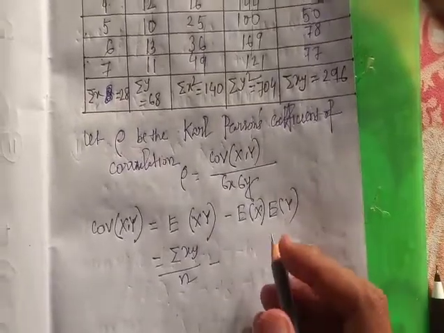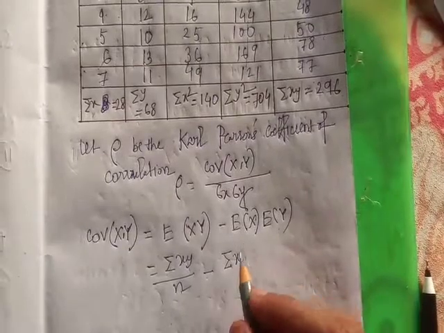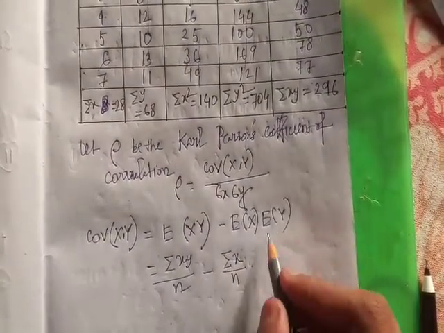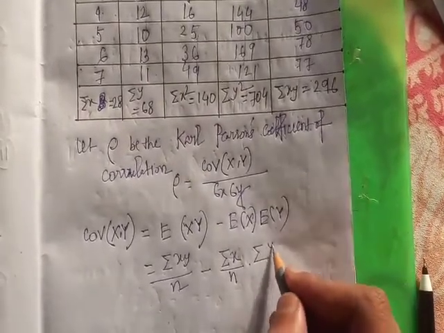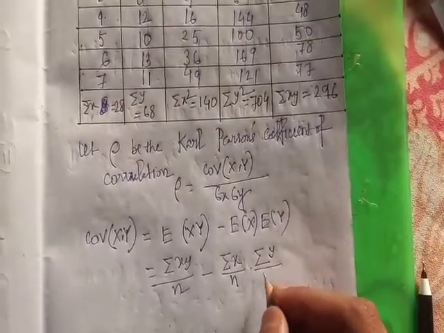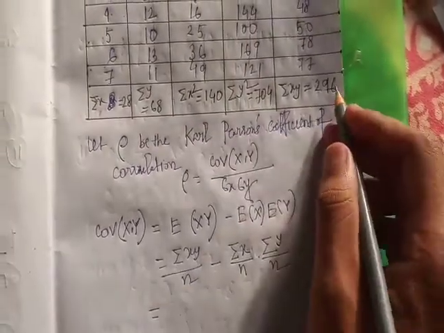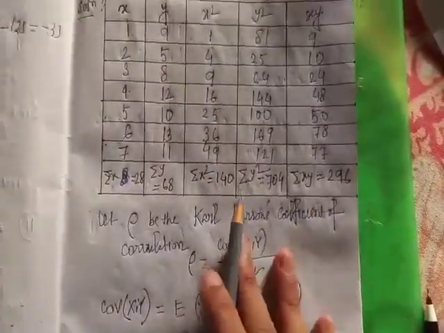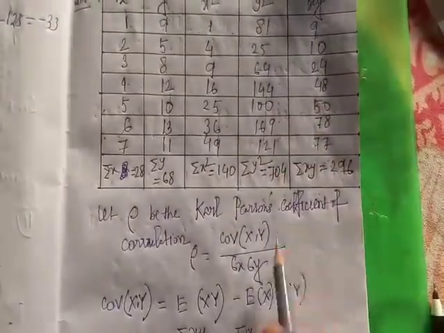Expectation of x means average, summation x by total number of data. And expectation of y is also an average, summation y by total number of data.